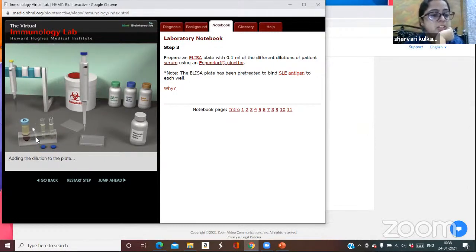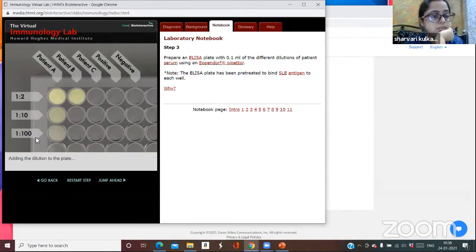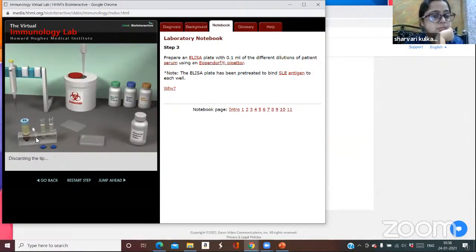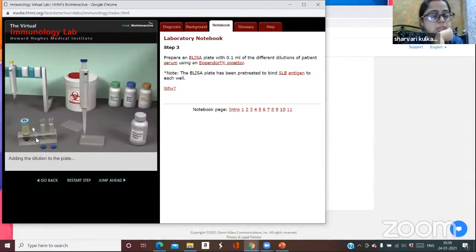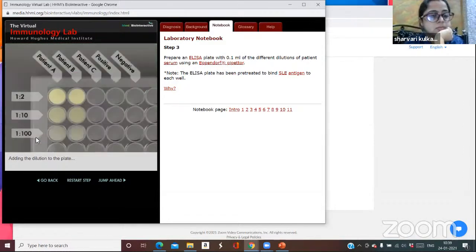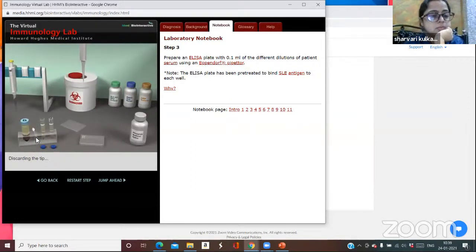Add dilution to the plate. Then we'll click the tube B to put it away.